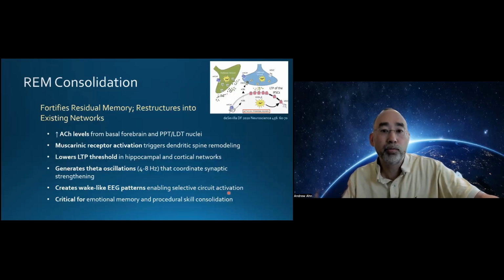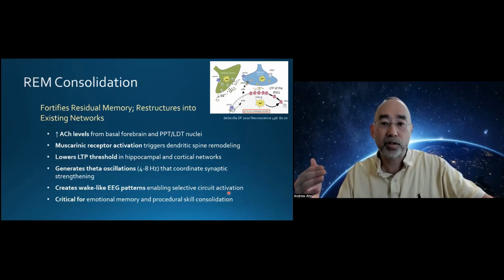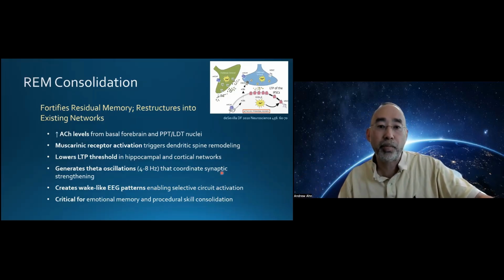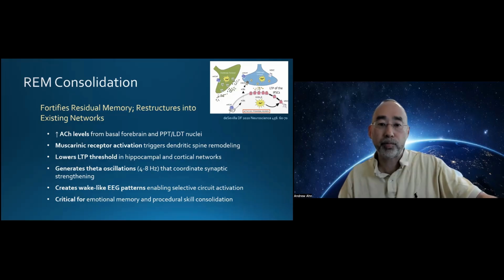While non-REM prunes the less relevant connections, REM sleep actively strengthens and restructures the remaining memories, integrating them into the existing networks. And this highlights that REM is important for emotional memory and procedural skill.